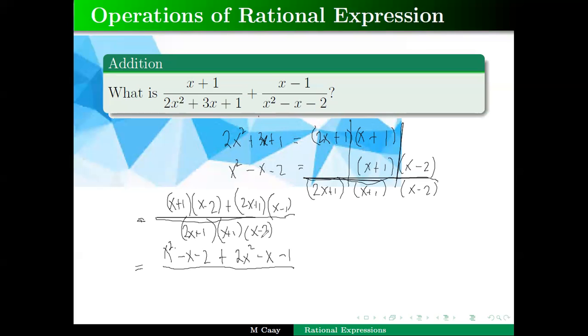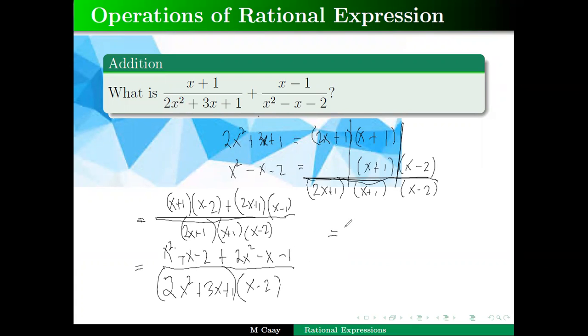Sorry, I lost my cursor here. Hang on. Okay. So I can have 2x squared plus 3x plus 1 times x minus 2.